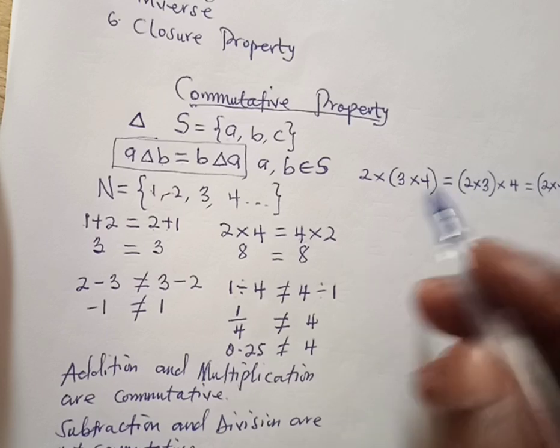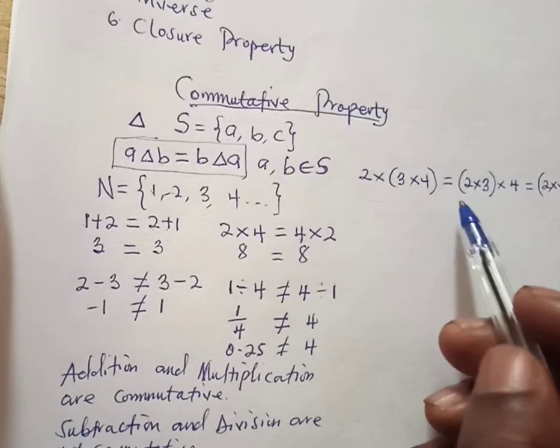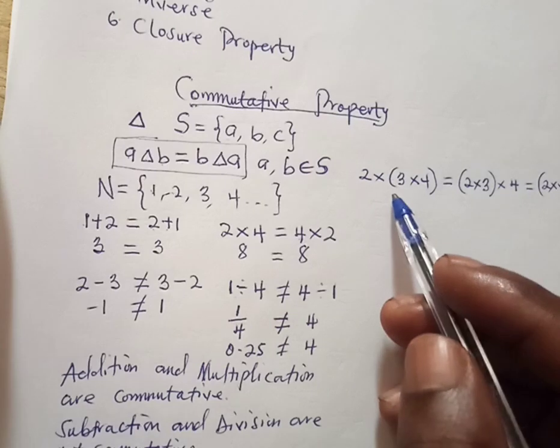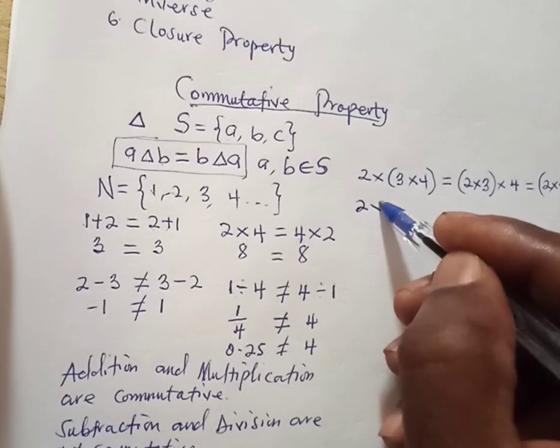All right, great. So let's work out and see. We are going to test whether multiplication will also be associative. Always we deal with what is in the bracket first.